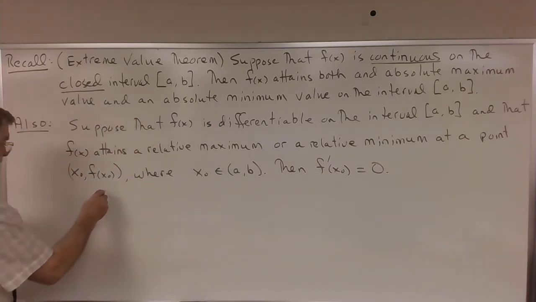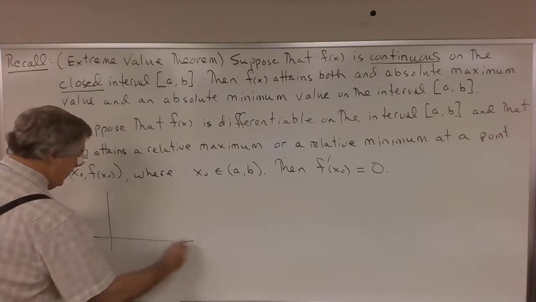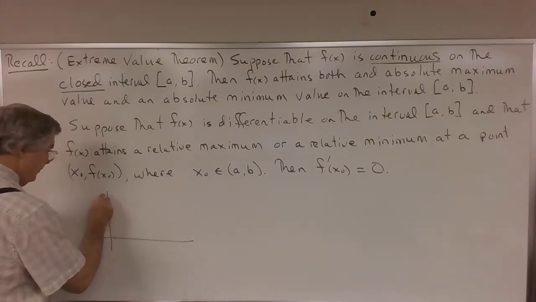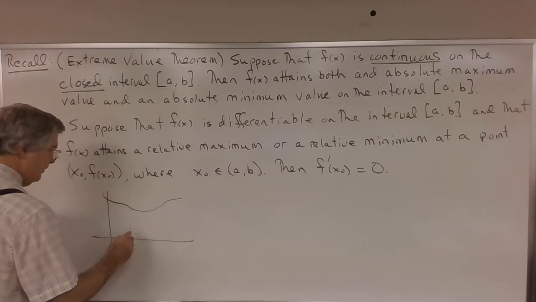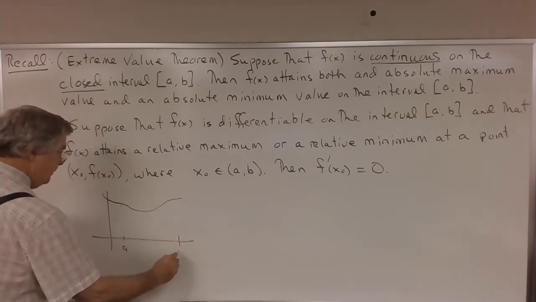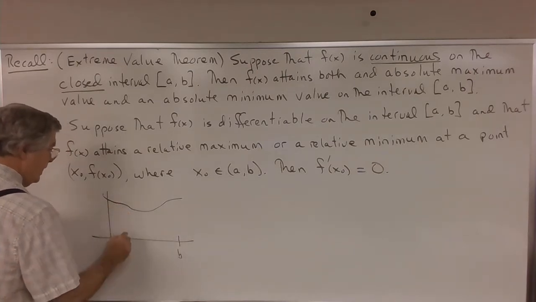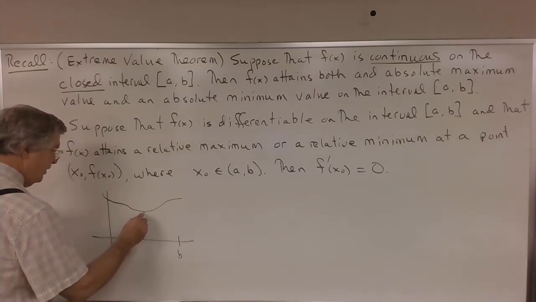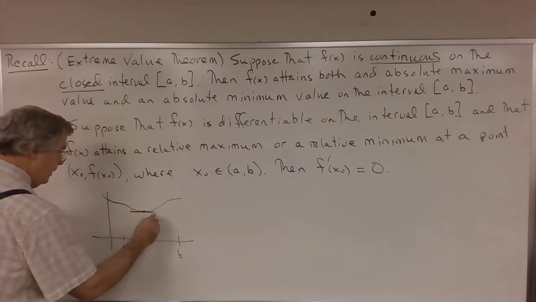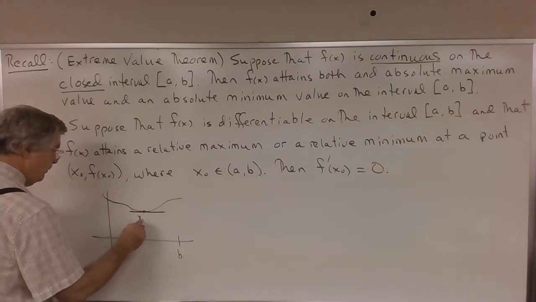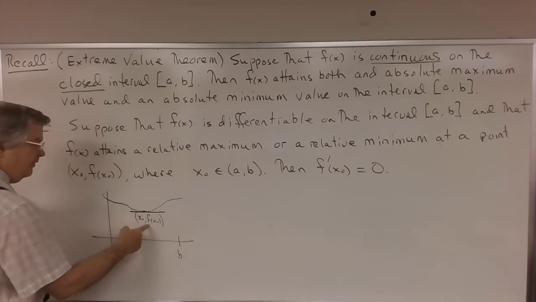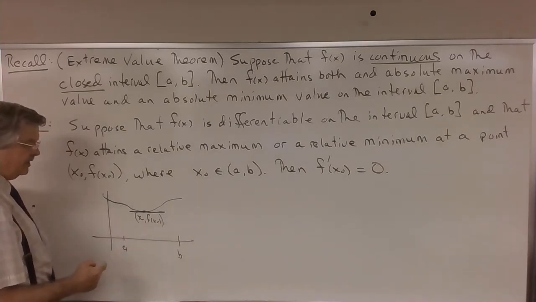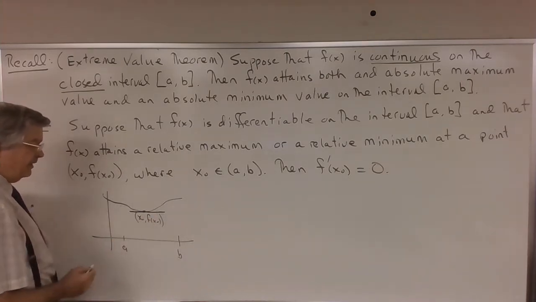So essentially, this is what we're looking at. Here's A, here's B, and at some point in this open interval, like right here, we have a relative maximum or a relative minimum, in this case a relative minimum, and the derivative is equal to 0.